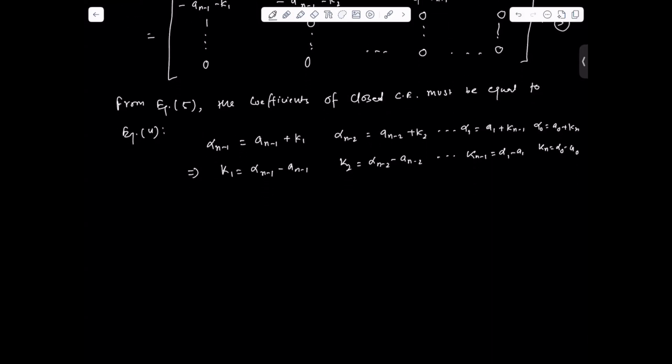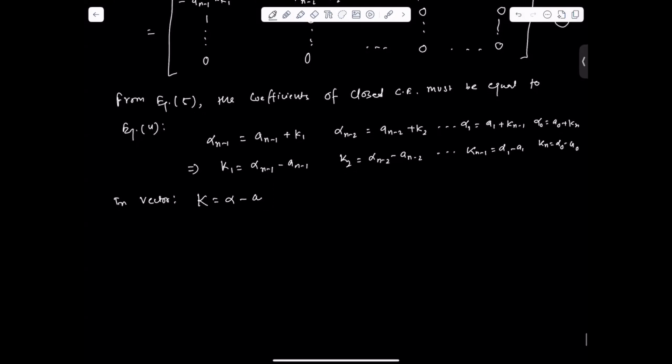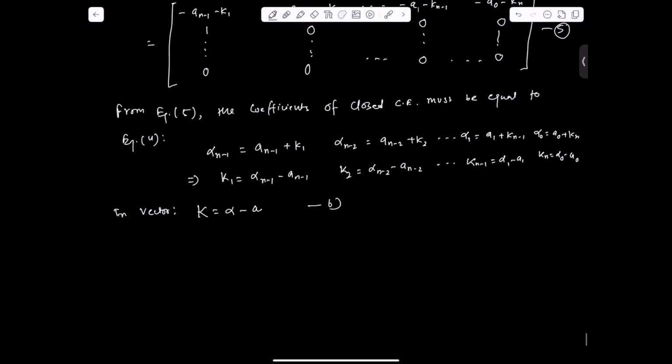And if you write all these control parameters in vector form, we can write k equal to alpha minus a. Let us define this as equation number 6.